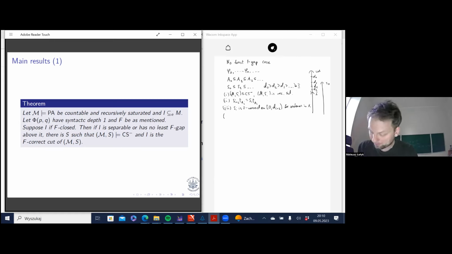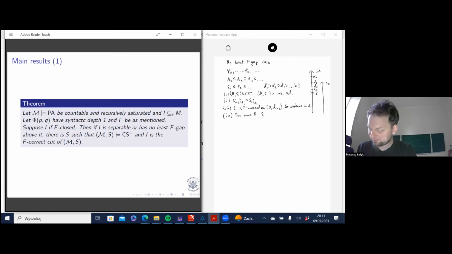And finally, for some theta, we'll show that this Si behaves not correctly with respect to disjunctions of length Di on this particular theta.